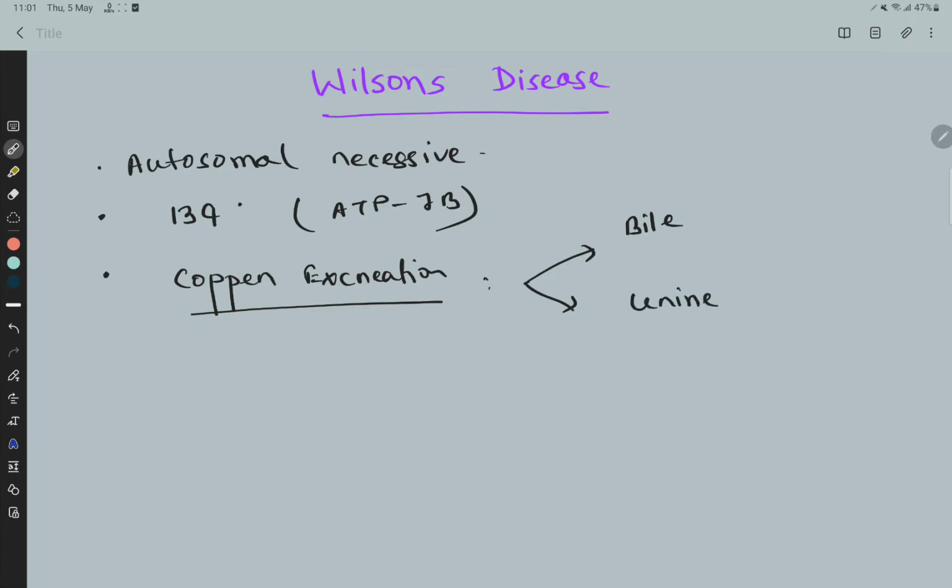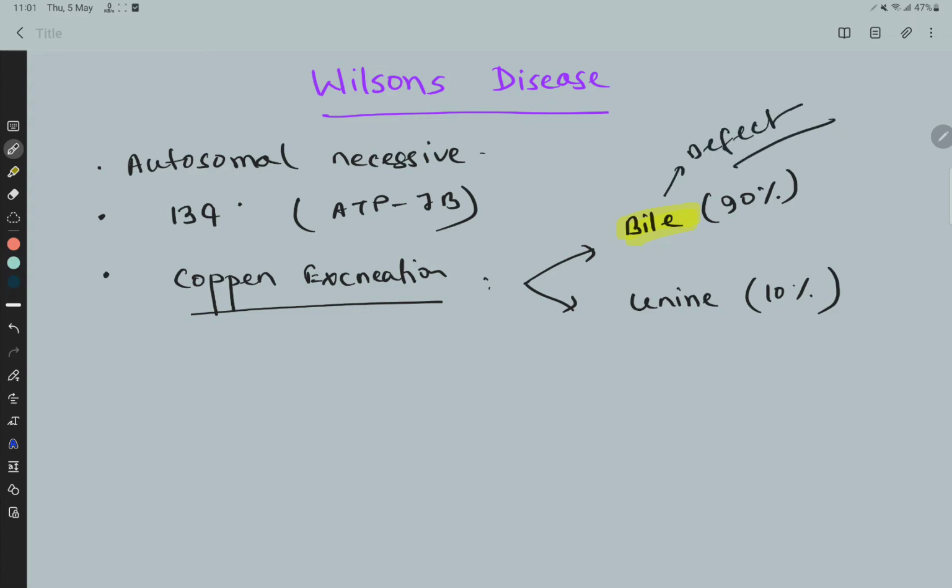By these two processes, copper is mainly excreted. About 90% of copper is excreted through bile, and the rest, 10%, is excreted by urine. In Wilson's disease, copper excretion through urine is not defective. The defect happens in the bile part.